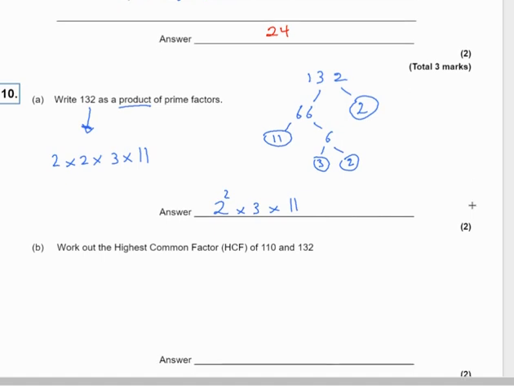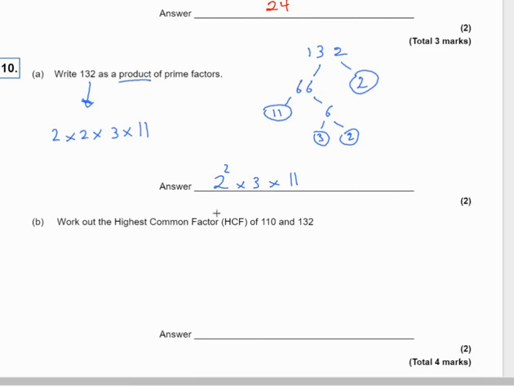Cool. Let's keep going. It says work out the highest common factor of 110 and 132. Well, we could do what we did before, where we just write out all the factors, but that's a bit long. What we're actually going to do is also write 110 as a product of prime factors. So 110 is going to be, well, we need two numbers that multiply to give 110.